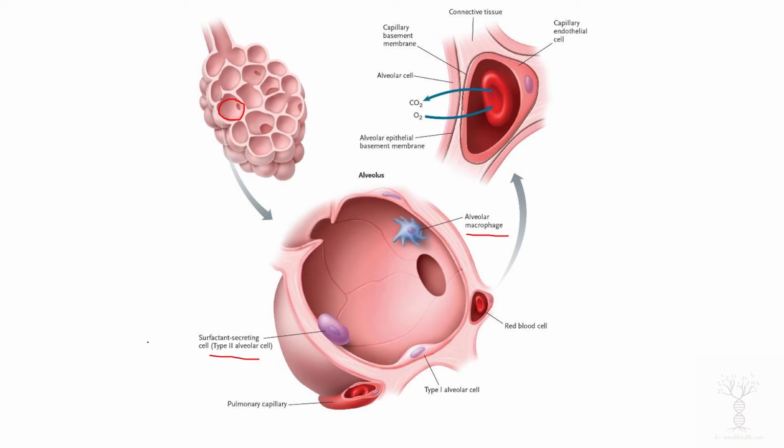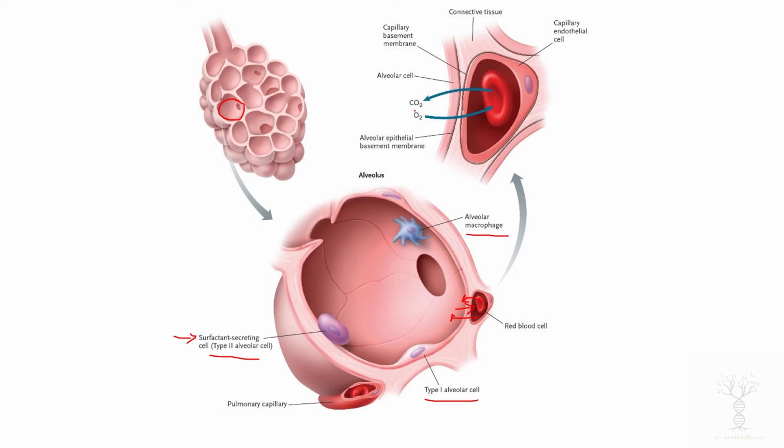And then we have type 1 and type 2 alveolar cells. Type 1 alveolar cells are epithelial cells where gas exchange occurs, and oxygen will move across these membranes to get into the red blood cells, and carbon dioxide will leave the red blood cells or the plasma and move into the lung tissue. Whereas type 2 alveolar cells are important for producing surfactant.